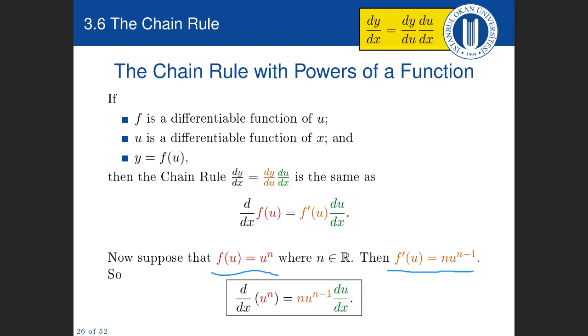Put these into the chain rule, and we have our formula that d/dx of u to the power n is equal to n u to the power n minus 1 du/dx. The next few examples are about using the formula in the box. So I'm going to take this formula and put it up the top in a yellow box.